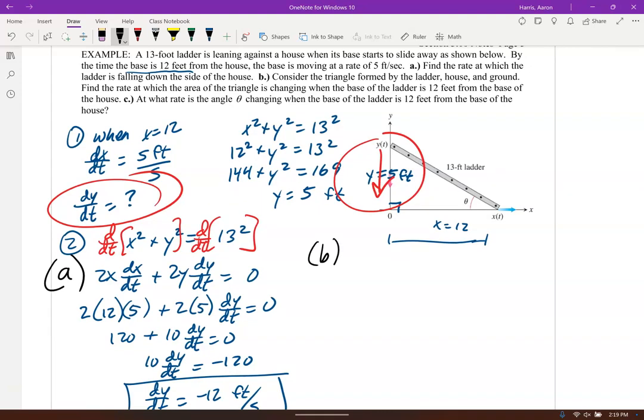Part B says, consider the triangle formed by the ladder, the house, and the ground. Find the rate at which the area of the triangle is changing. Well, if you remember, area is 1/2 base times height. So in this case, area is 1/2 base x times the height y. I'm going to do this as a product when I take this derivative with respect to t.